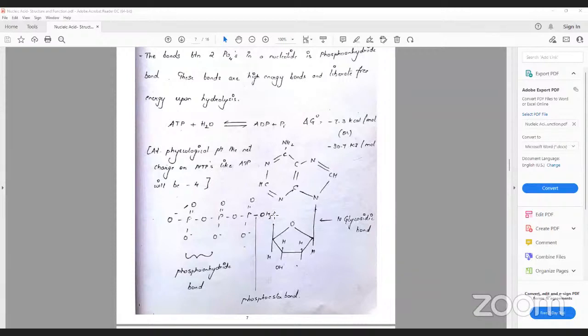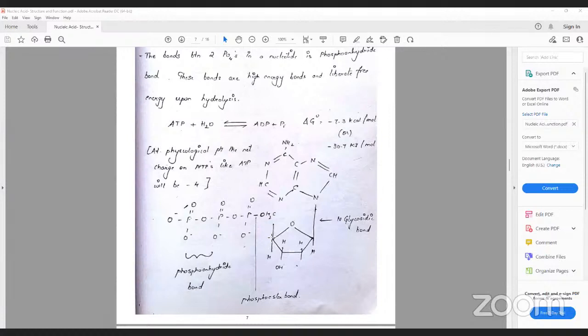The bond formed between the sugar and phosphate is called a phosphoester bond, and the bond between two phosphate groups is a phosphoanhydride bond. Don't confuse the phosphoester bond with the phosphodiester bond; I'll come to that later.